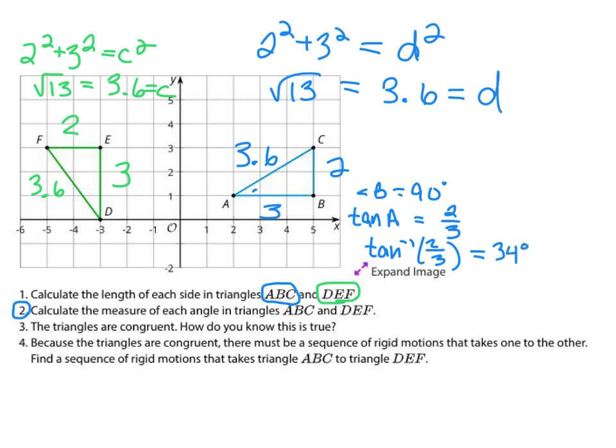So we have 90 degrees, 34 degrees. I'm going to do 90 minus 34, which I believe is 56. Yep, 56 degrees. So that gives us the measure of angle A, angle B, and angle C.